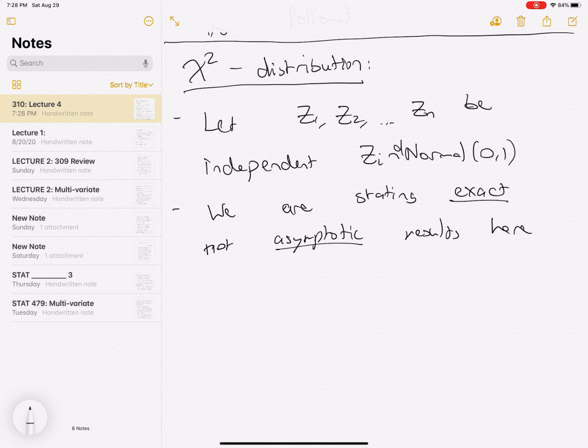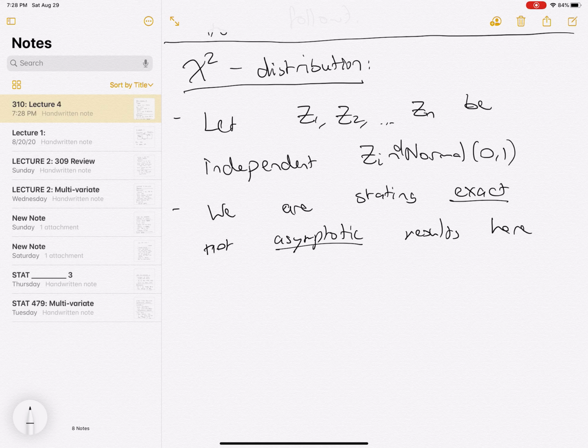I want to make that clear, because with the CLT and the law of large numbers, we started with independent random variables, but the results we were stating were really asymptotic results. But these distributions that I'm stating here are exact results, which hold exactly, not asymptotically. I want to make that distinction very clear, so that there's no confusion.